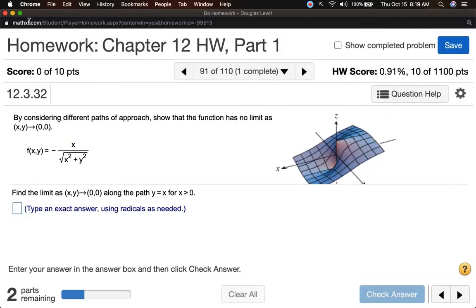Now, let me tell you something about limits. Proving that the limit doesn't exist, that's really not too difficult. Proving that the limit does exist and proving what the limit is, that can actually take a lot more work.